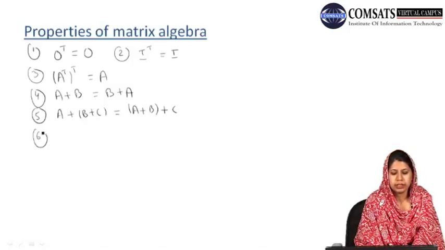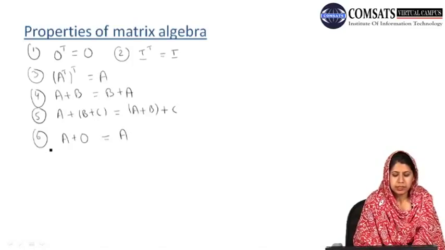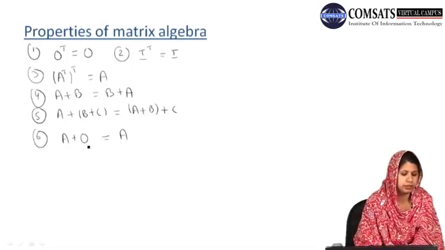Our sixth property is, if we add the zero matrix to our given matrix A, we obtain our original matrix A, which means that the zero matrix in this case acts like the additive identity 0 for the case of real numbers.